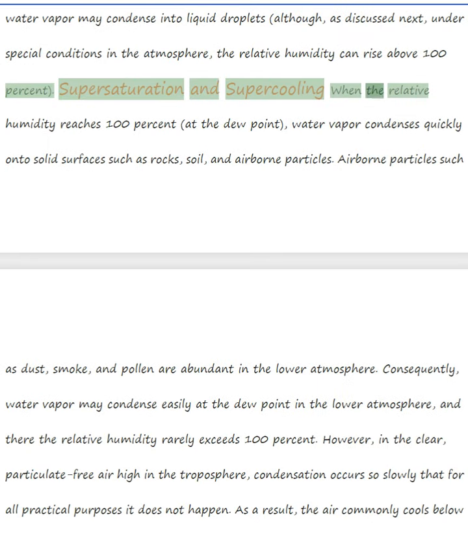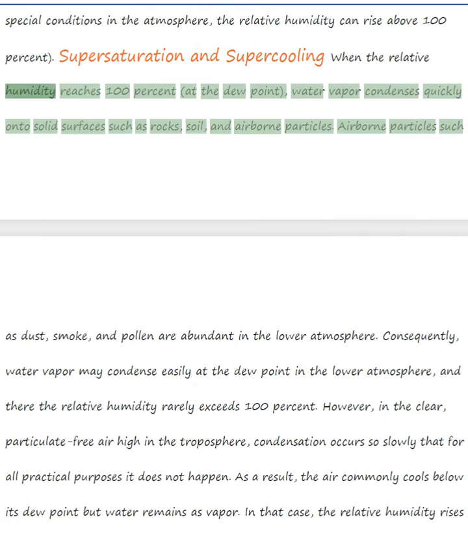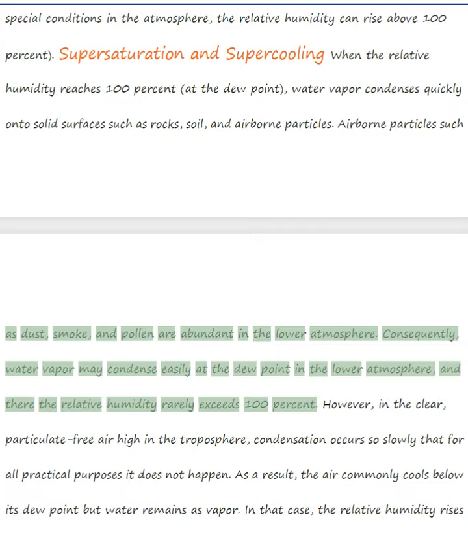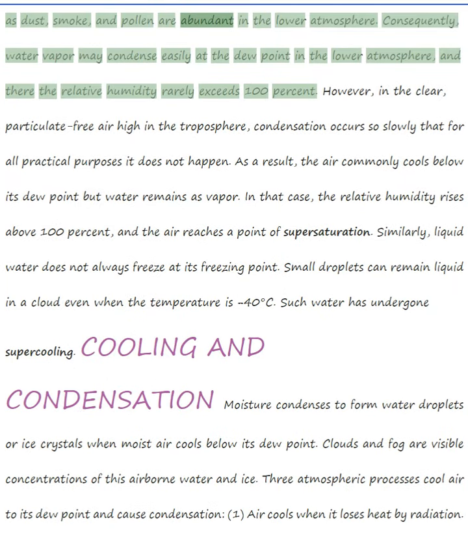Supersaturation and supercooling. When the relative humidity reaches 100%, water vapor condenses quickly onto solid surfaces such as rocks, soil, and airborne particles. Airborne particles such as dust, smoke, and pollen are abundant in the lower atmosphere. Consequently, water vapor may condense easily at the dew point in the lower atmosphere, and there the relative humidity rarely exceeds 100%.